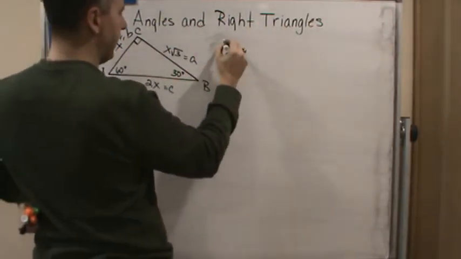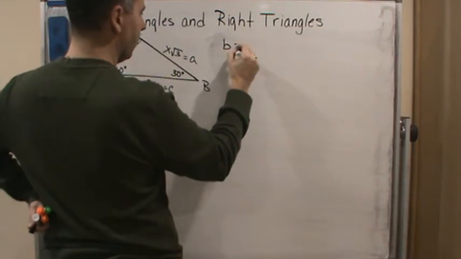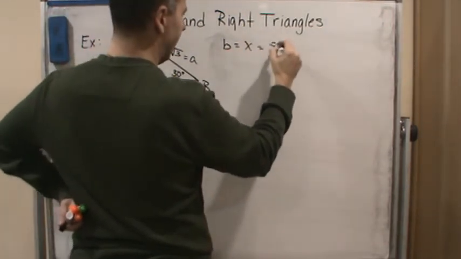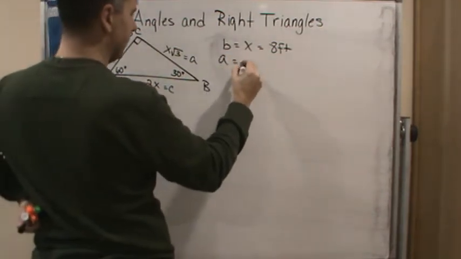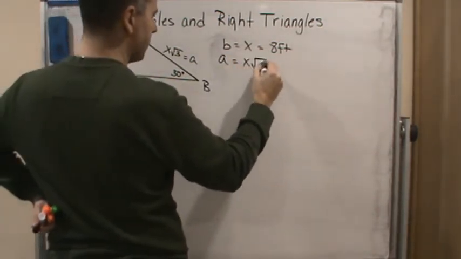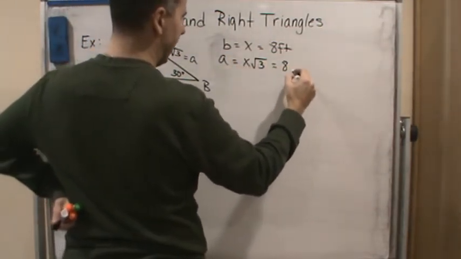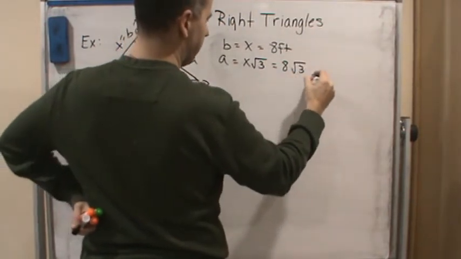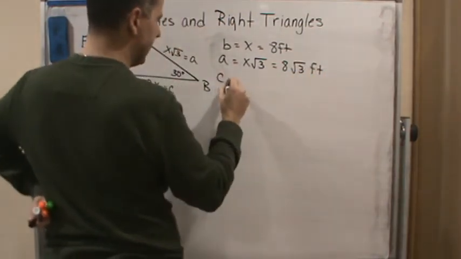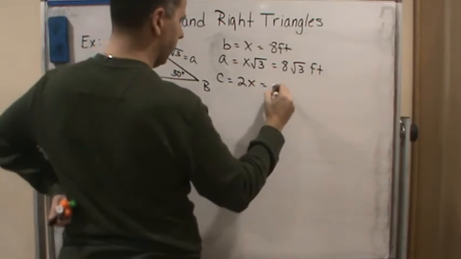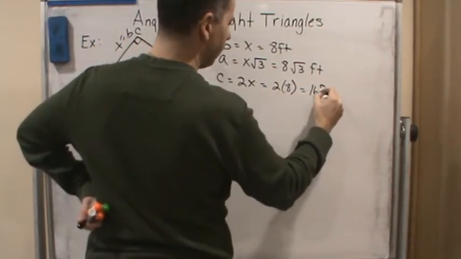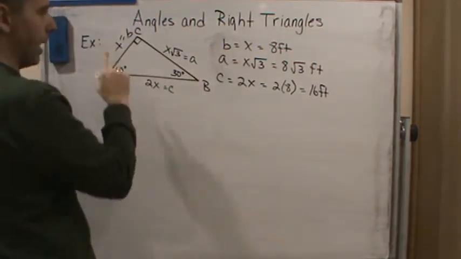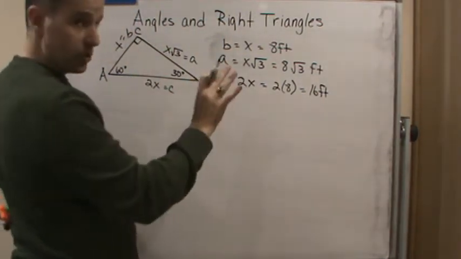So B, which equals X, is 8 feet. That was the first one, which means A is equal to X times the square root of 3, which is 8 times the square root of 3. And then C is just 2X, which is 2 times 8, which was 16 feet. That one I mixed these up, but I still got the right answer, so that was fine.